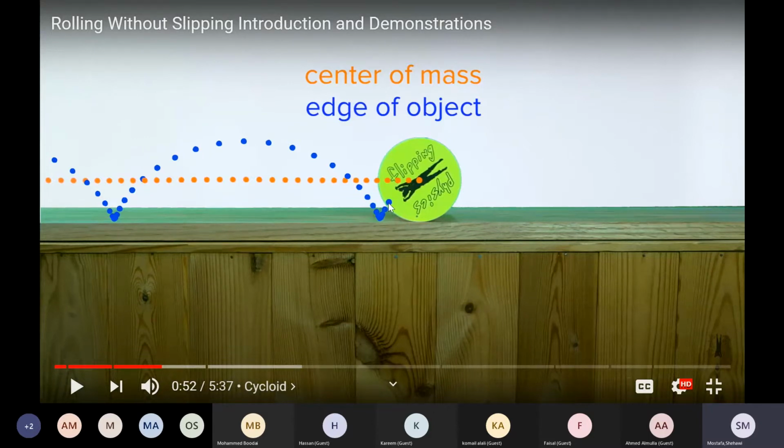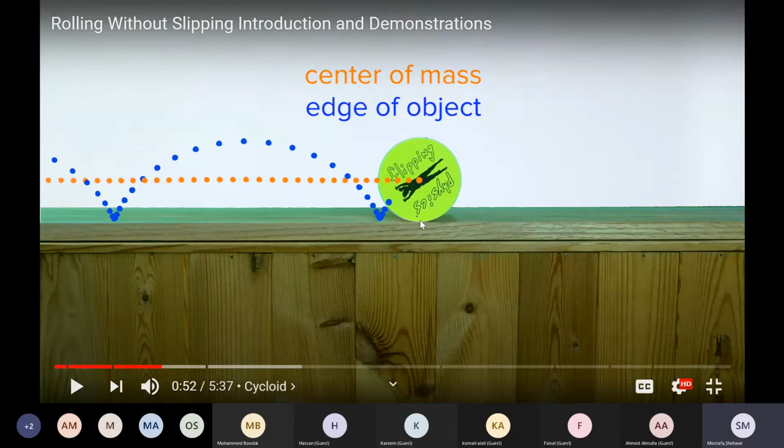But if we look at the blue point, you will find that it moves in a circle or has a wave motion like this one. It doesn't have a constant velocity or constant speed. Sometimes when it comes into contact with the table, it is 0, because if it had a velocity at the contact with the table surface, it would slip over the table, and there is no slipping. This means when the blue point touches the table, it will have a velocity equal to 0.